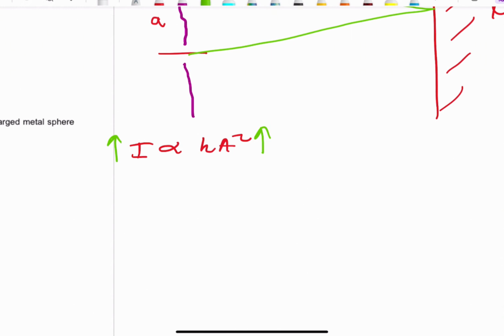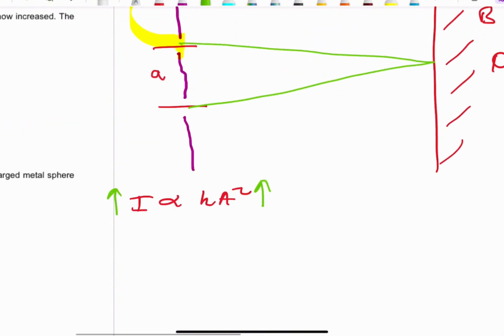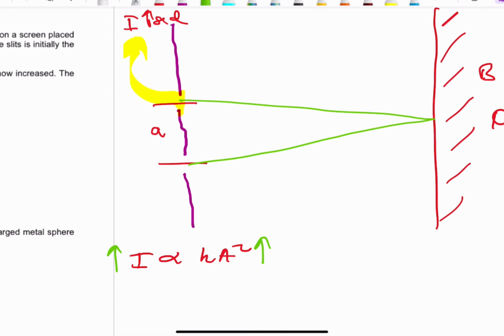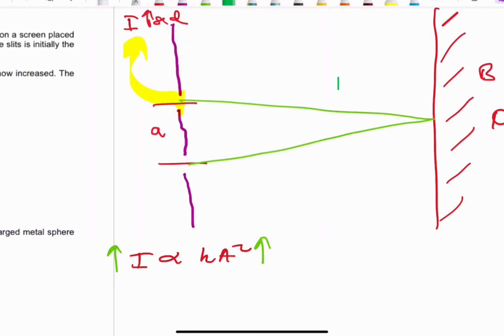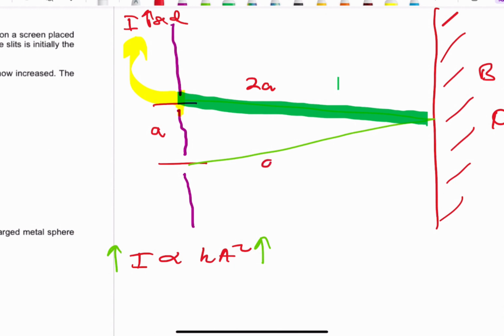So you don't even need to put values, but just know this: as you increase your intensity, your amplitude will also increase, meaning that the amplitude coming from one wave is going to be greater, but the other wave is going to be less. So you might say that the amplitude here is 2a, but the amplitude here is just a.